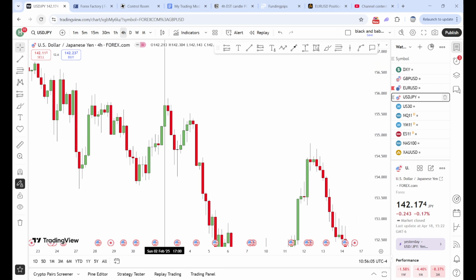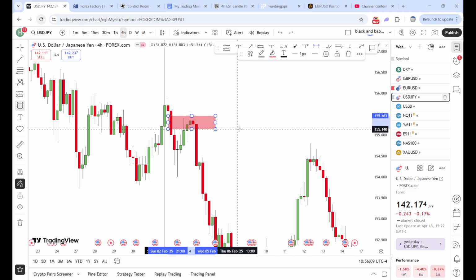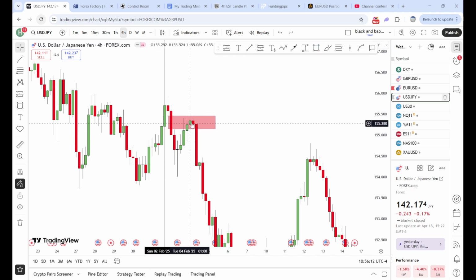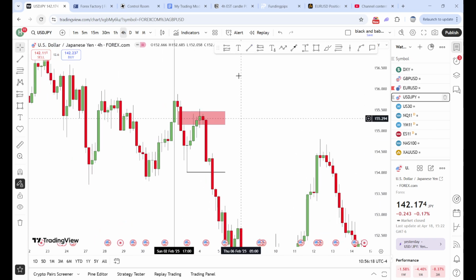Where is price headed towards as the next draw on liquidity? If we notice from here, price retraced into this and then it began selling off, and then it targeted external range liquidity. Price was also holding these lower highs and making lower low wicks, right?